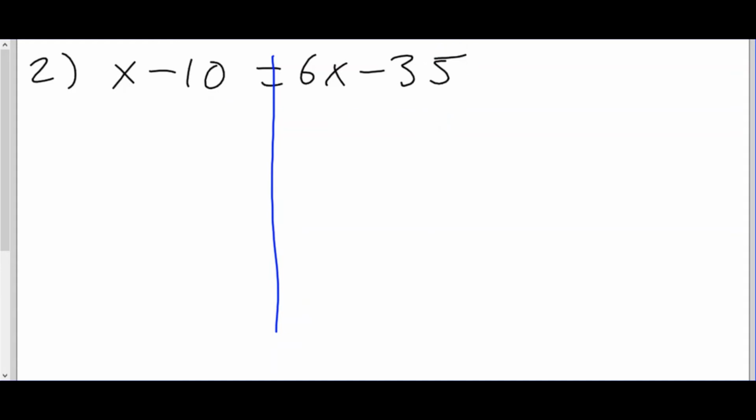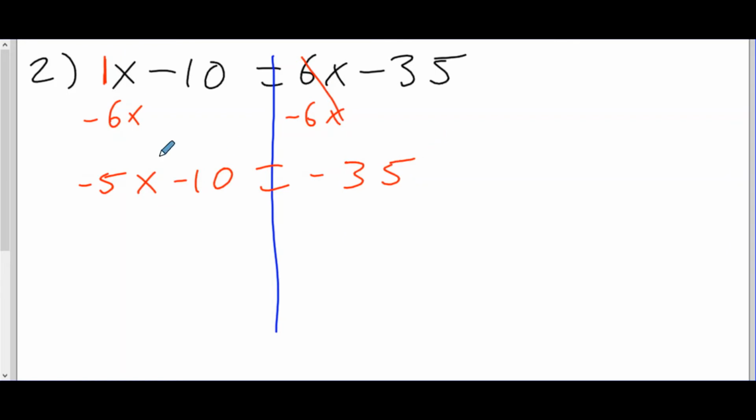Just to be different this time, let's try subtracting 6x on both sides. And remember, anytime there's no number, it's an invisible 1. So 6x minus 6x cancels out. 1 minus 6 would be a negative 5x. And if you prefer to subtract 1x on both sides, that would work too. You'd still get the same answer.